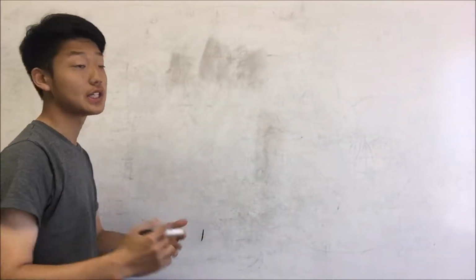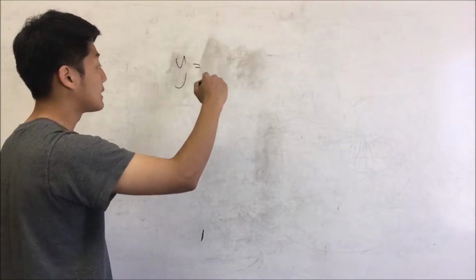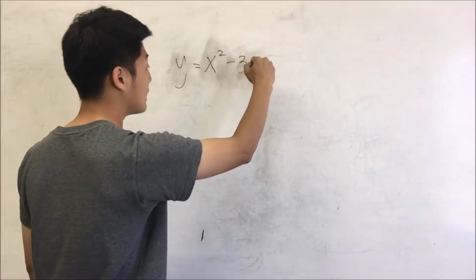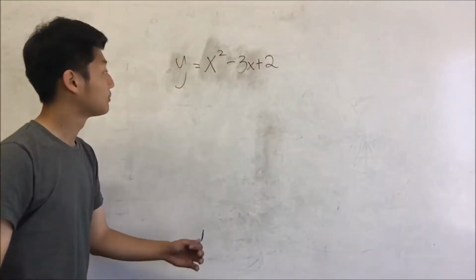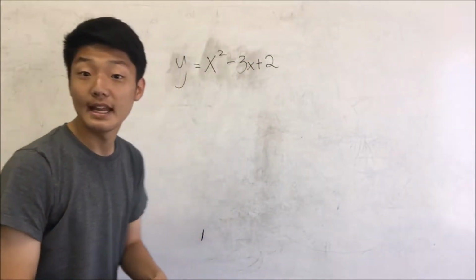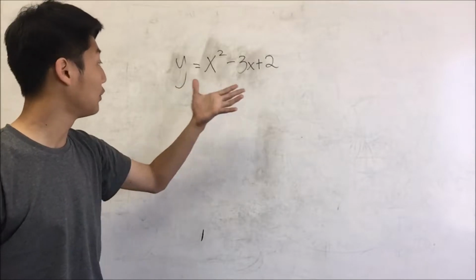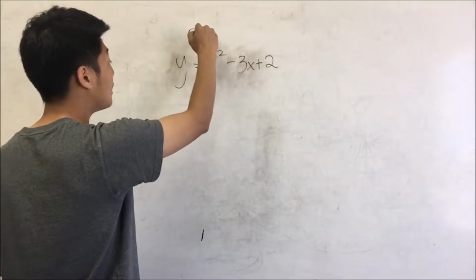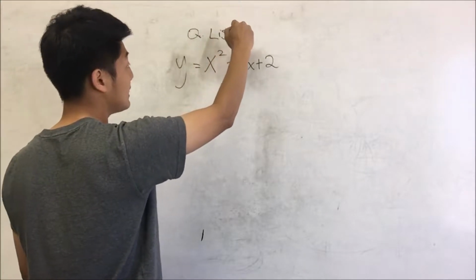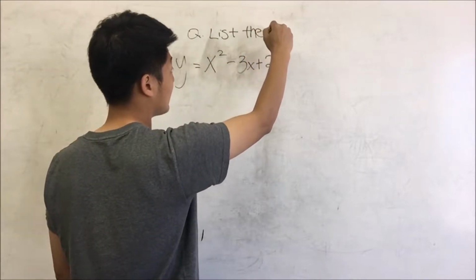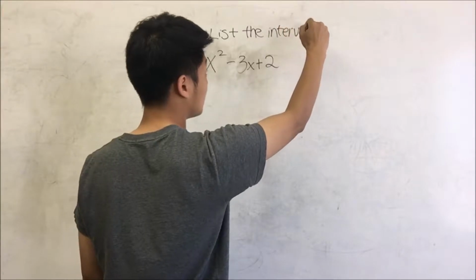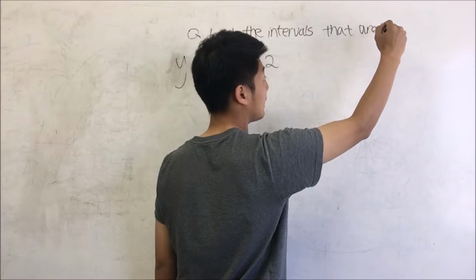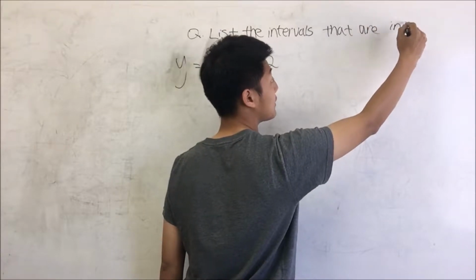If the function is given as y equals x squared minus 3x plus 2, the question is: list the intervals that are increasing.